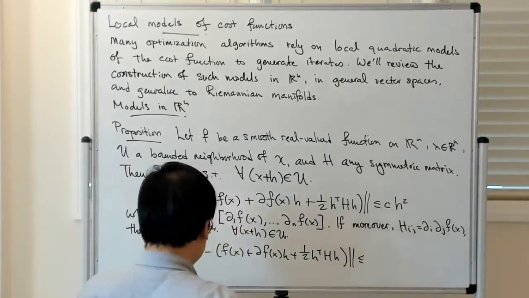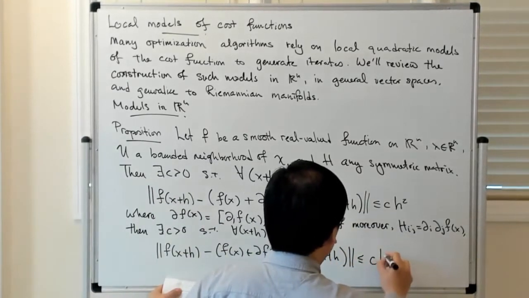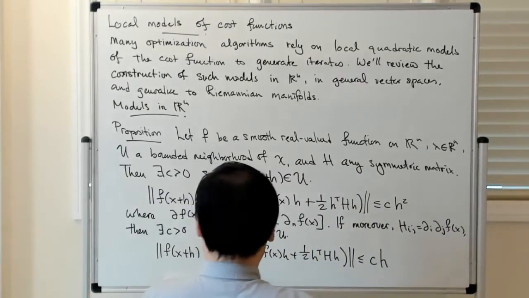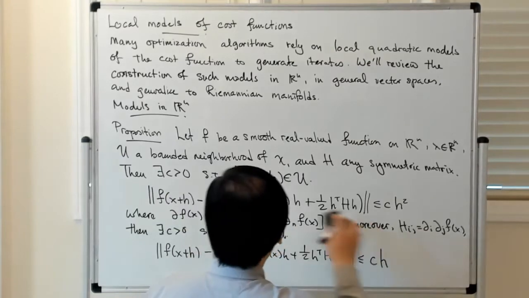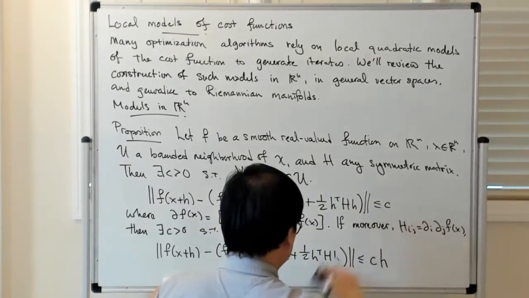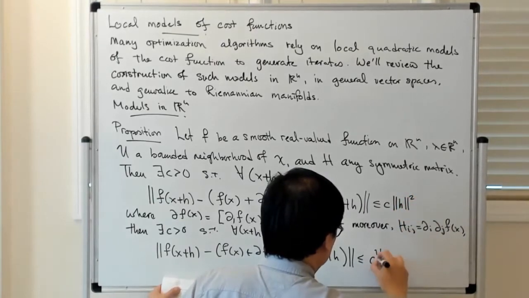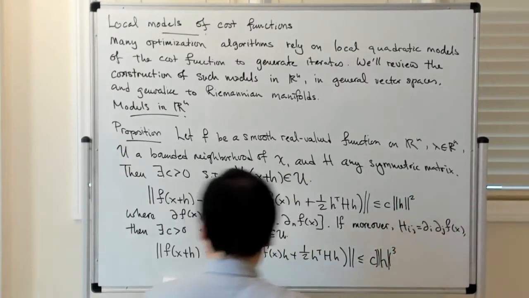The error scales like c times the norm of h cubed. Well, h is a vector here, so it really is the norm of h.